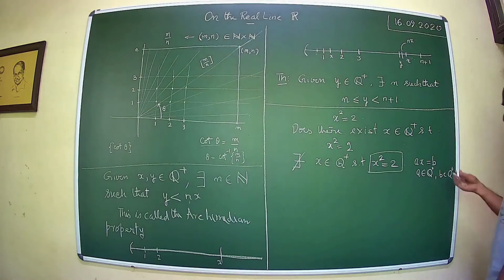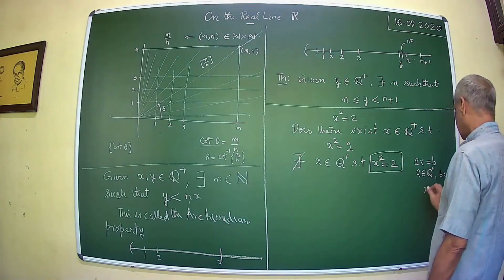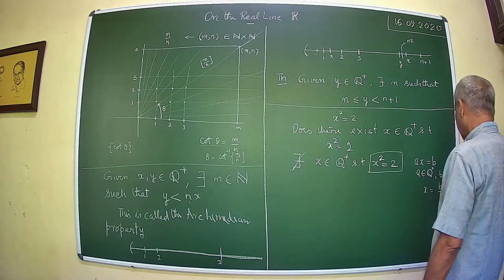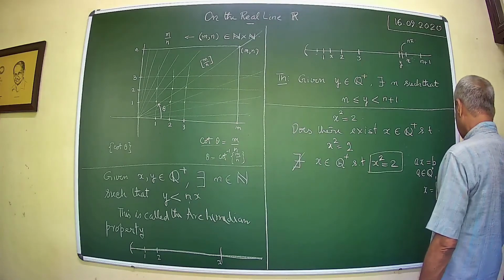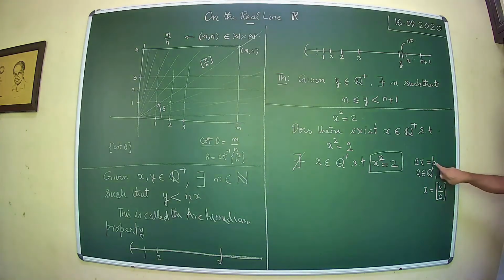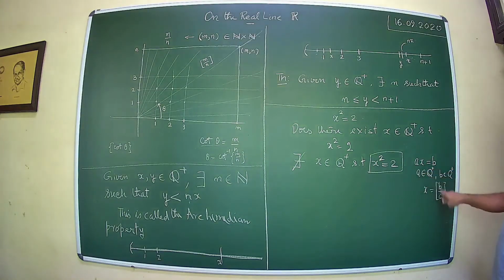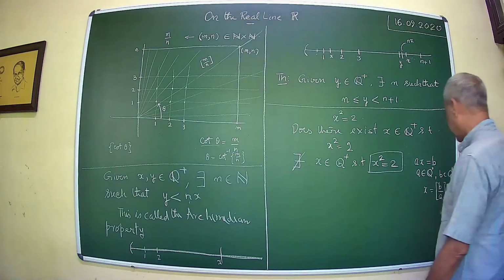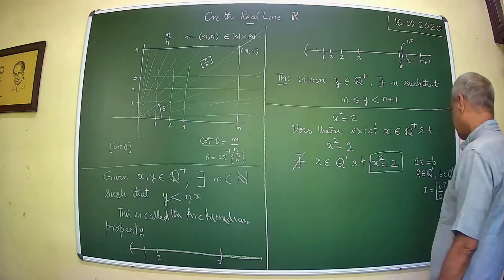Okay, and this is given by x is given by b by a, the class b by a, which can be identified as a rational number, because b is a rational number, a is a rational number, therefore this is a rational. So it's a fraction and you get this. Okay.